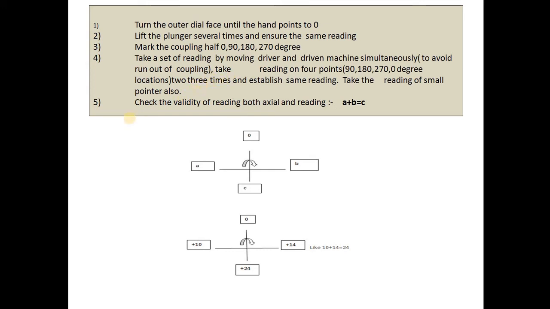The reading will be valid if A plus B is equal to C. Suppose one side is plus 10, the other side is plus 14, then the bottom should be plus 24. It may vary by 1 or 2 divisions, because the point where we take the reading may not be perfectly 180, 90 or 270 degrees, or maybe due to parallel side effects. But in the normal case, A plus B should be C.